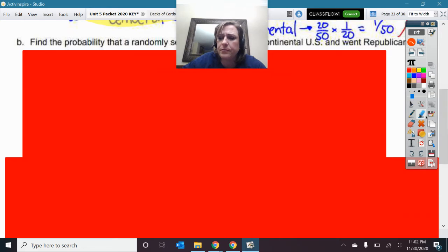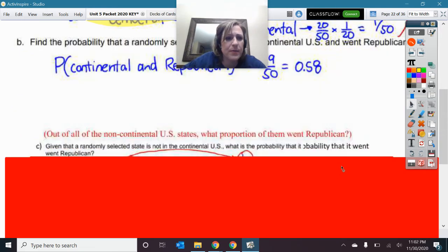All right. Next, we are then asked a conditional probability. We are saying, given that a randomly selected state is not in the continental U.S., so that is what the denominator is going to be.